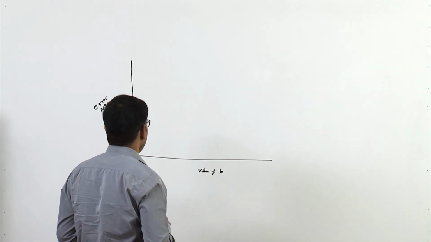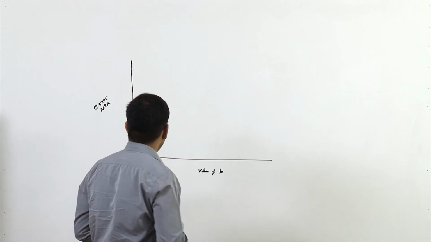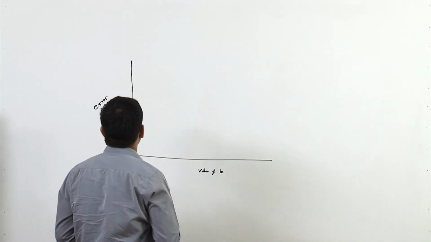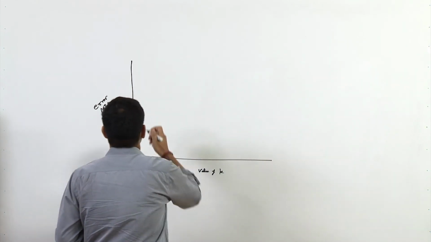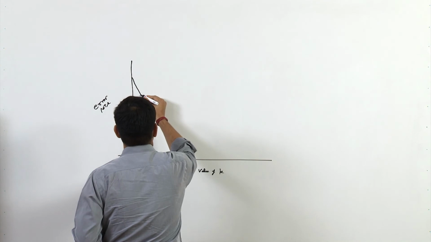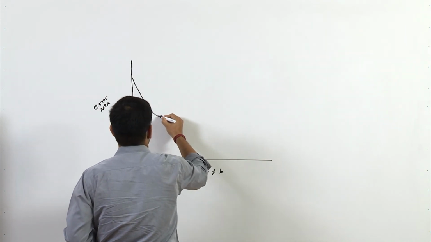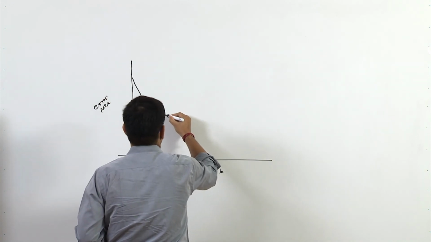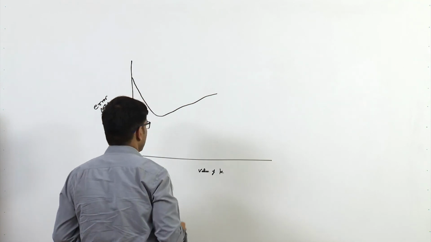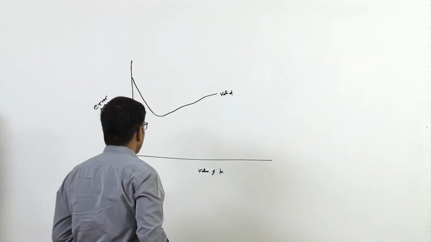Typically the error rate on the training partition would be smaller in comparison to the error rate on the validation partition. So the validation partition will start from the higher side, and as we increase the value of k, it will probably decrease, and it will reach the optimal minima, and then further it might increase, and in that fashion it might go. So this typically might be applicable for validation.